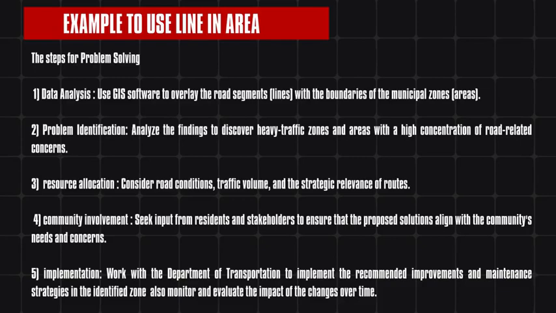Number 4. Community involvement. Seek input from residents and stakeholders to ensure the proposed solutions align with the community's needs and concerns. Number 5. Implementation. Work with the Department of Transportation to implement the recommended improvements and maintenance strategies in the identified zones. Also, monitor and evaluate the impact of the changes over time.